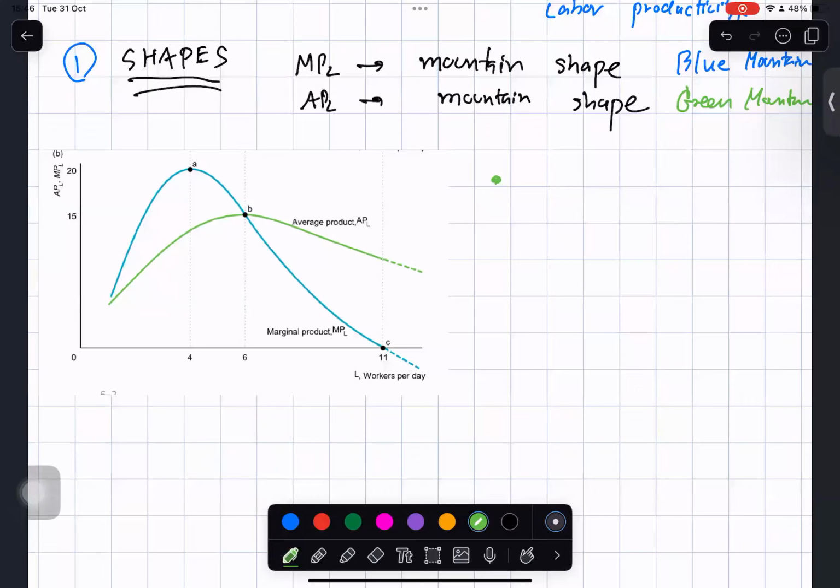What point do the two curves cross then? At point B. And point B is the peak of APL. The blue curve cuts the green mountain from above, exactly at the peak, not before, not after, exactly at the peak.